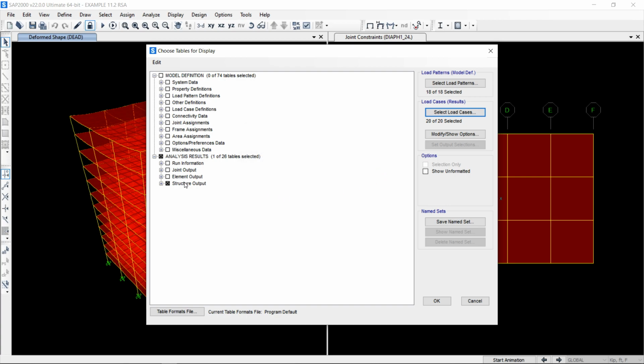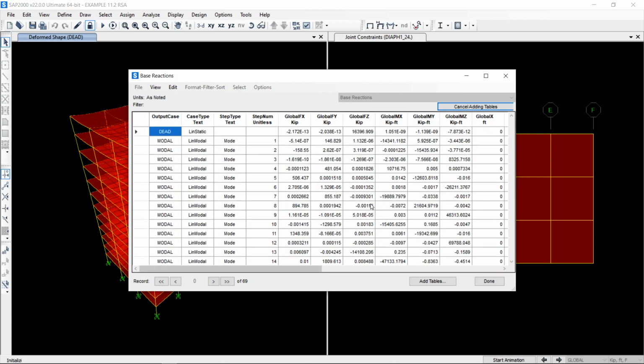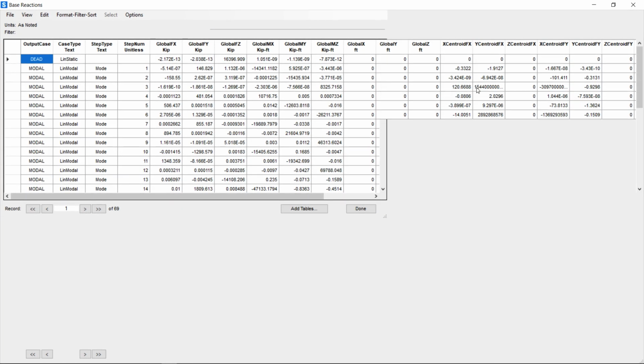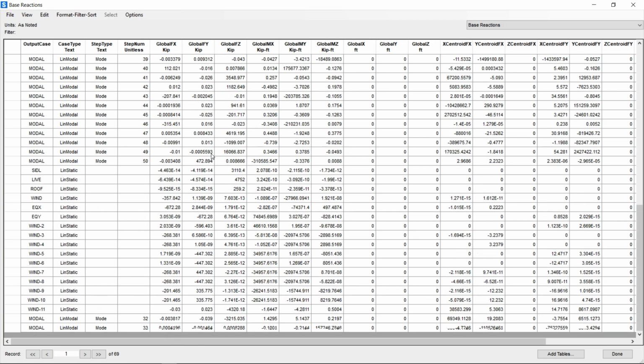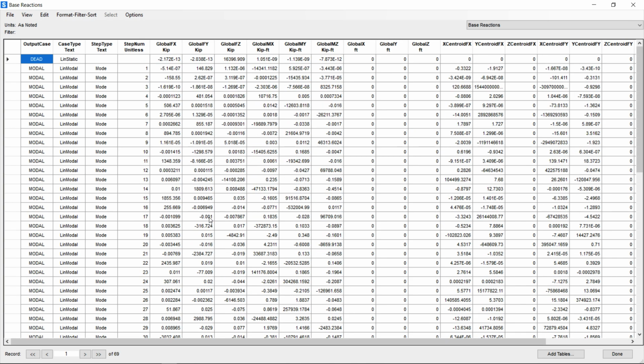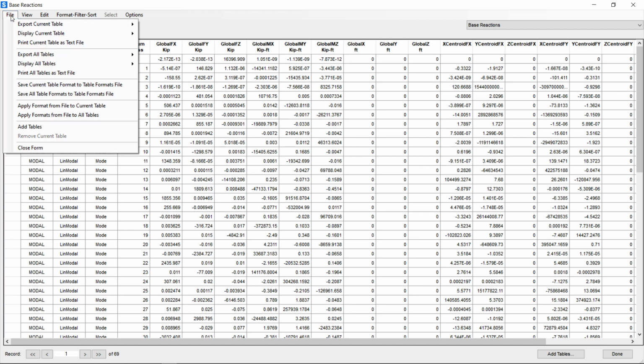Okay. The response spectrum load case is also there. Now let us copy this to an Excel sheet and then I can explain what I want to show you. Export to Excel.